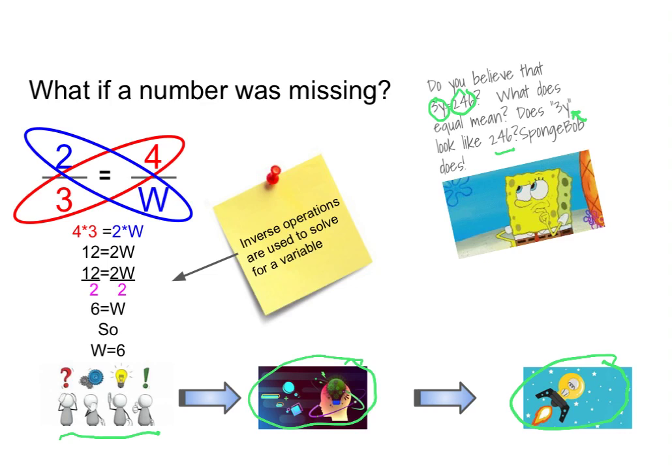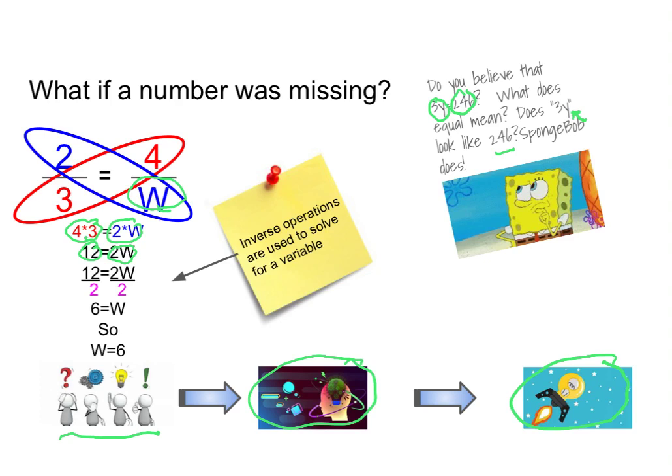We're going to use a procedure today of using cross products to solve for a variable. Now, some of you might know what W is just by looking, but we're going to find the cross products. 4 times 3, which should equal 2 times W. 4 times 3 simplifies to 12. 2 times W becomes 2W.